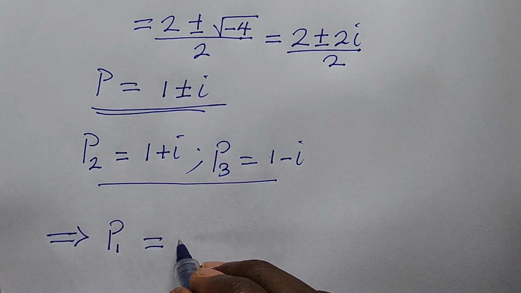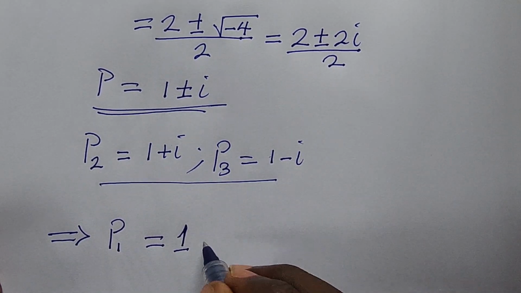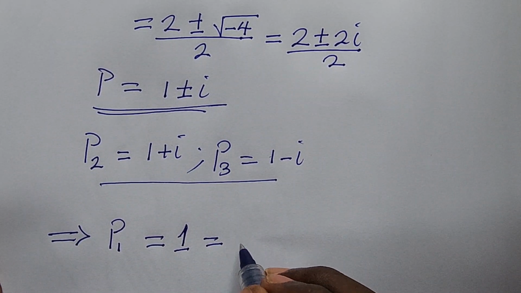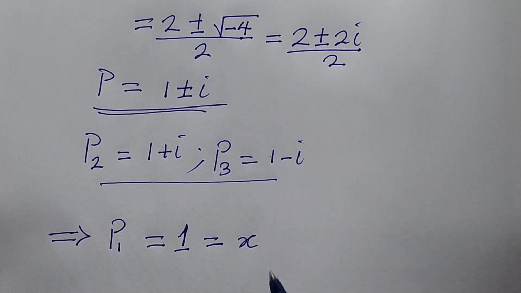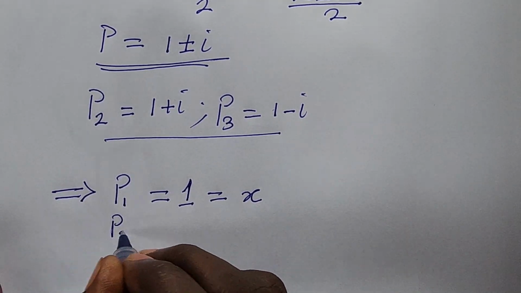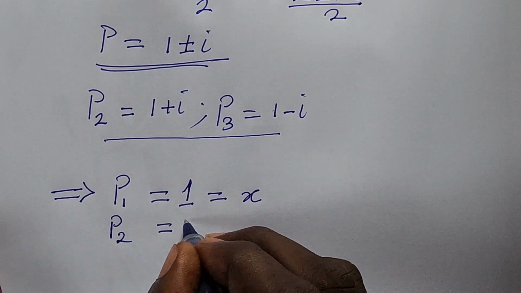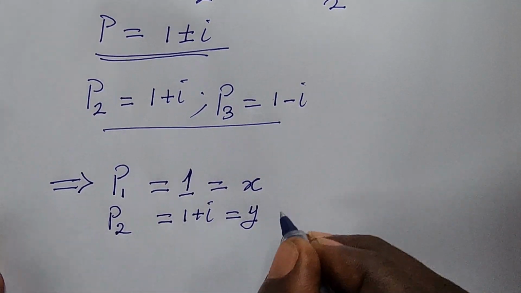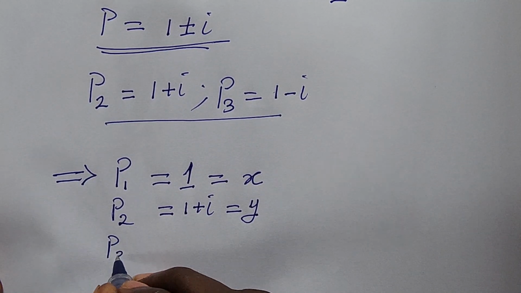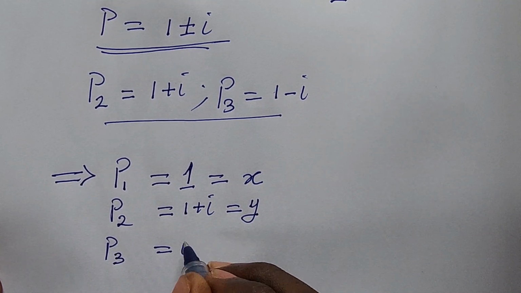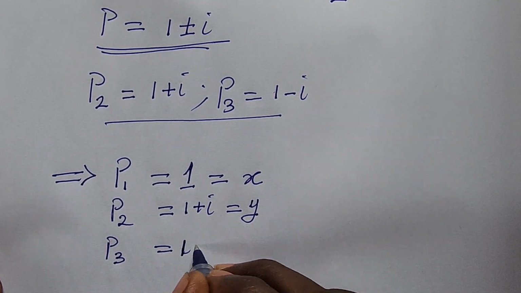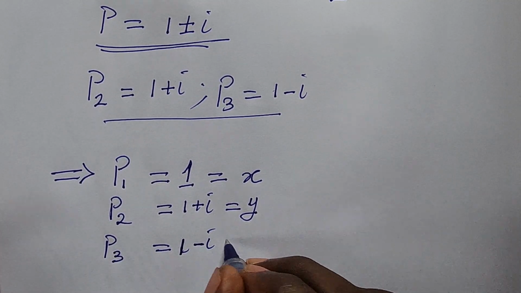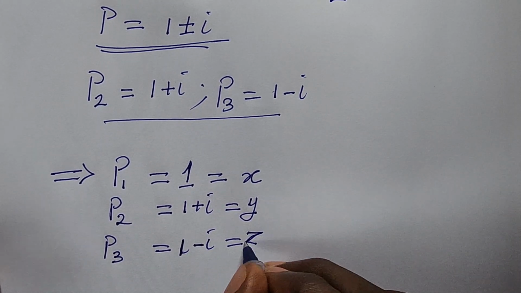So P1 is equal to 1, and P1 is equal to our x. Then P2 is equal to 1 plus iota, which is equal to our y. Then P3 is equal to 1 minus iota, which is equal to z.